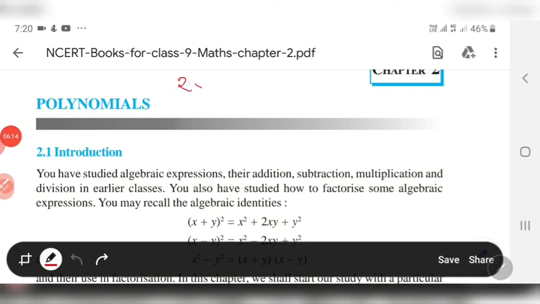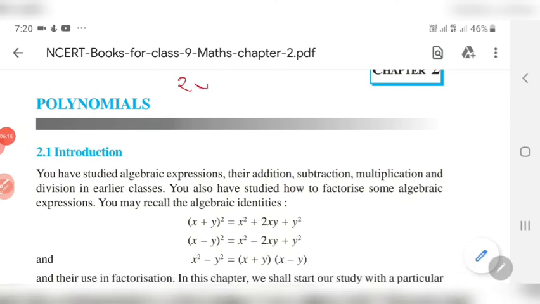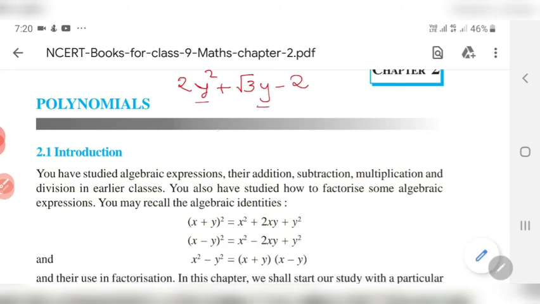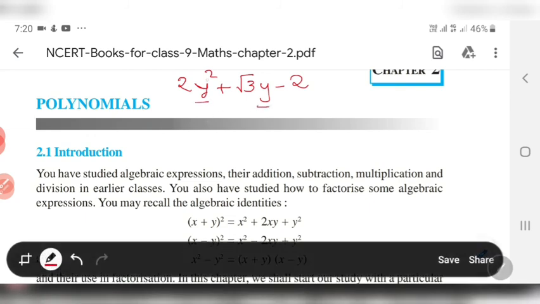So children, one more example we'll see. 2y square plus root 3 y minus 2. So children, tell me, is it a polynomial or not? So to be a polynomial, what you have to check? You have to see the variables, correct? Now check the variables. The exponent of the variables is a whole number or not?